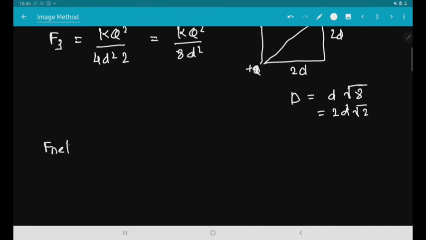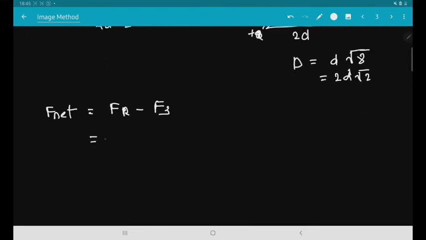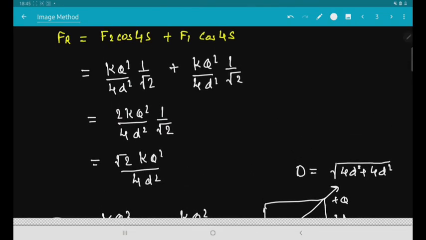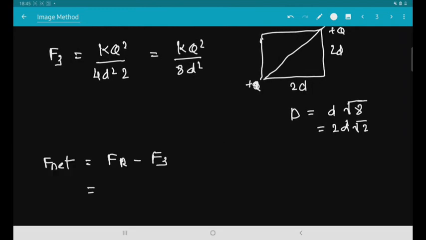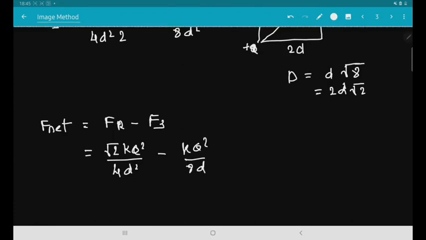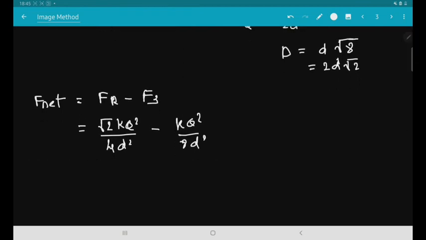The net force will be F resultant minus F3. So we will take F resultant, what we had, root 2 KQ square by 4D square, minus this KQ square by 8D square.